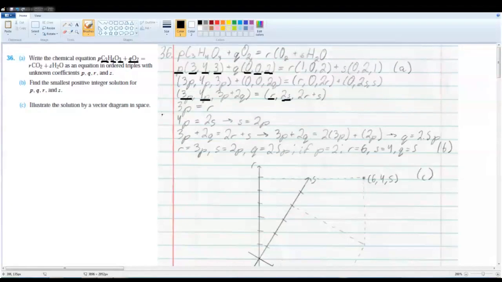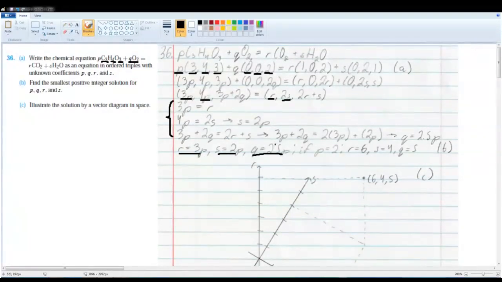And after solving for all of that, which is right over here, not the prettiest work, but I found that r equals 3p, s equals 2p, and q equals 2.5p. So I basically solved them all in terms of p, so that I could plug in an integer for p and get integers out of r, s, and q.